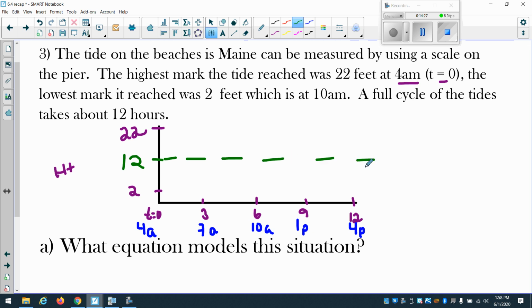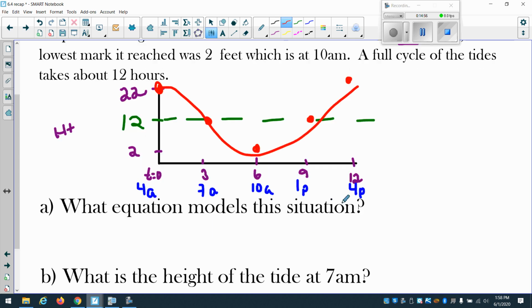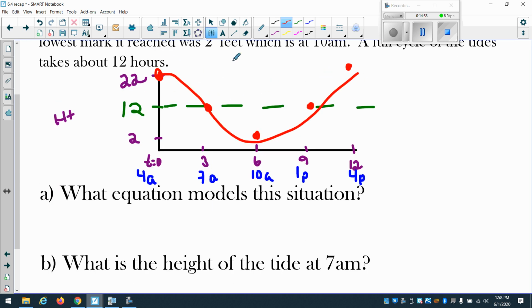But here, they're telling you at t equals 0, you're at the highest mark, which is 22. And at 10 a.m., you're at your minimum. So in between, you're at your midline. And we know after 12 hours is one full period, you're ending back at the maximum. So here's your graph, and it will be connected a little bit better on yours.